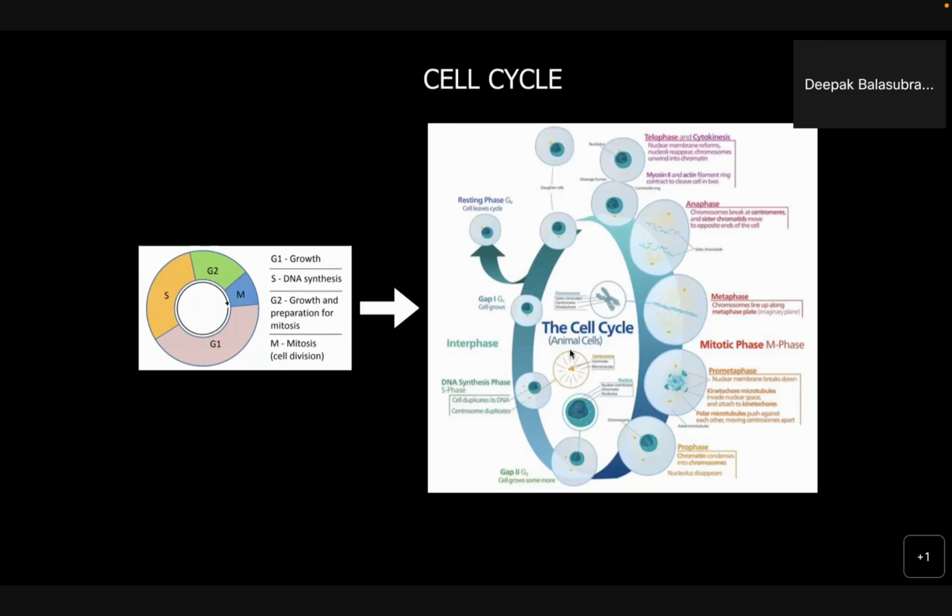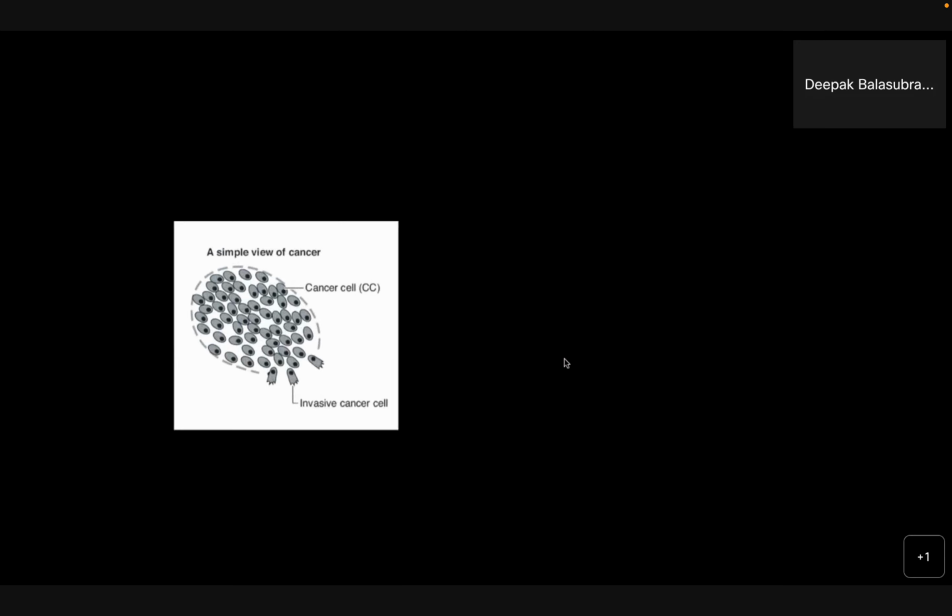So this cell cycle is very important to understand because different chemotherapeutics target different parts of the cell cycle, and different proto-oncogenes or tumor promoting genes and proteins affect the different sites of the cell cycle. So this is a very simple view of cancer.